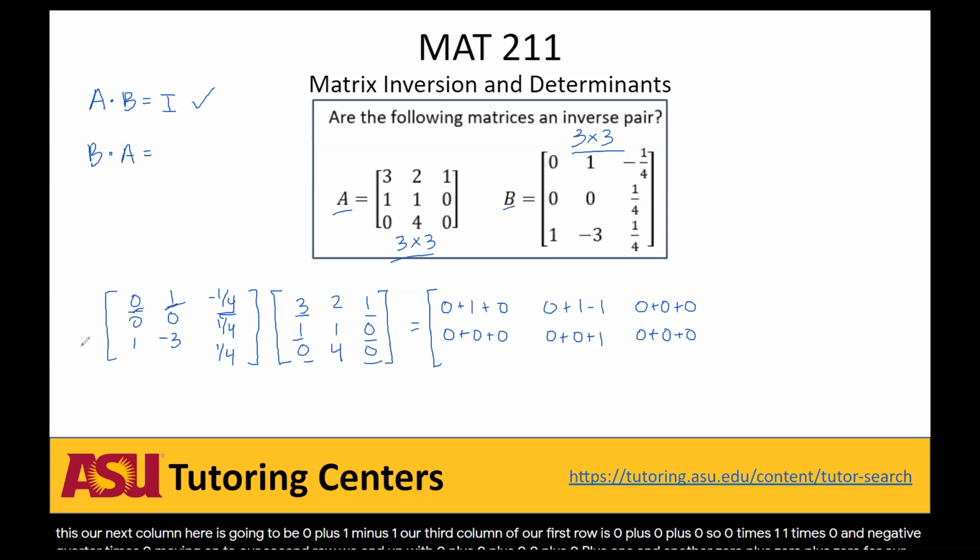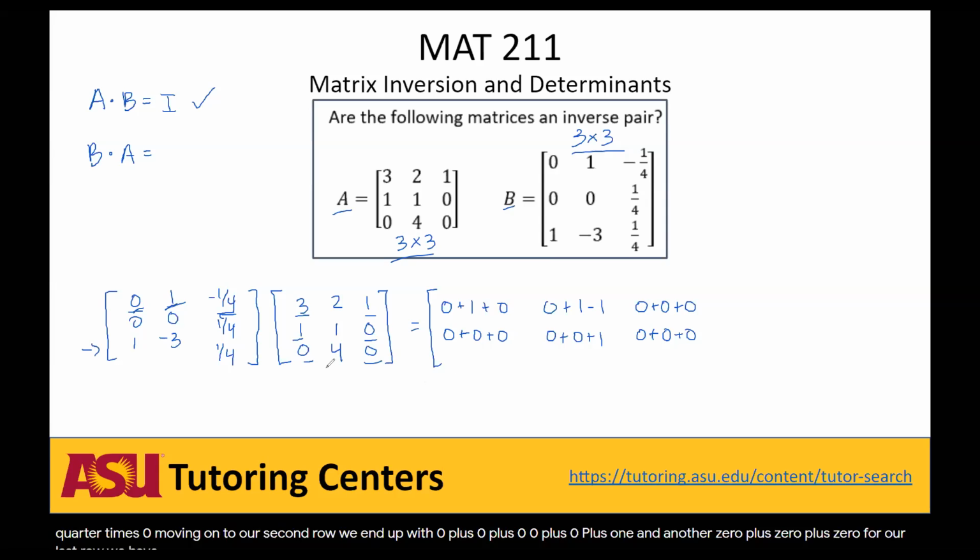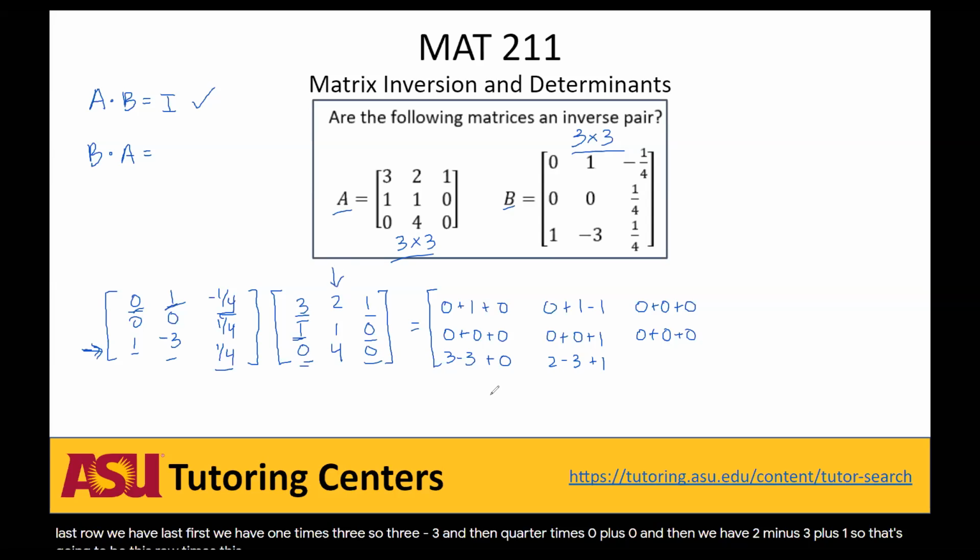For our last row, we have first 1 times 3, 3 minus 3, and then 1/4 times 0, so plus 0. Then we have 2 minus 3 plus 1, that's this row times this column.